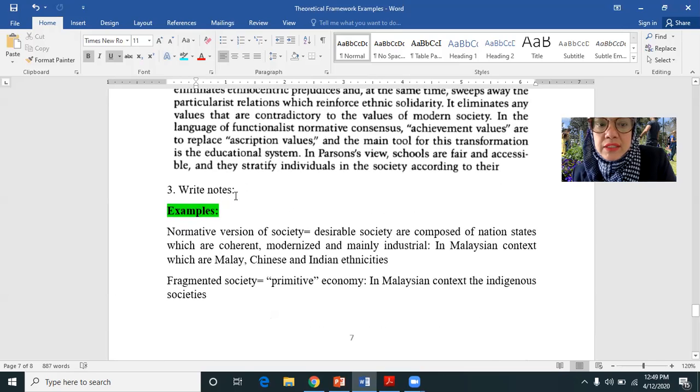For example, I've written, okay, it says there in the theory, normative version of society, society is desirable society which are composed of nation states which are coherent, modernized, and mainly industrial. So I say, to me, I think when you term normative society, to our Malaysian context, that will be the major ethnic groups, the Malays, the Indians, and the Chinese, okay?